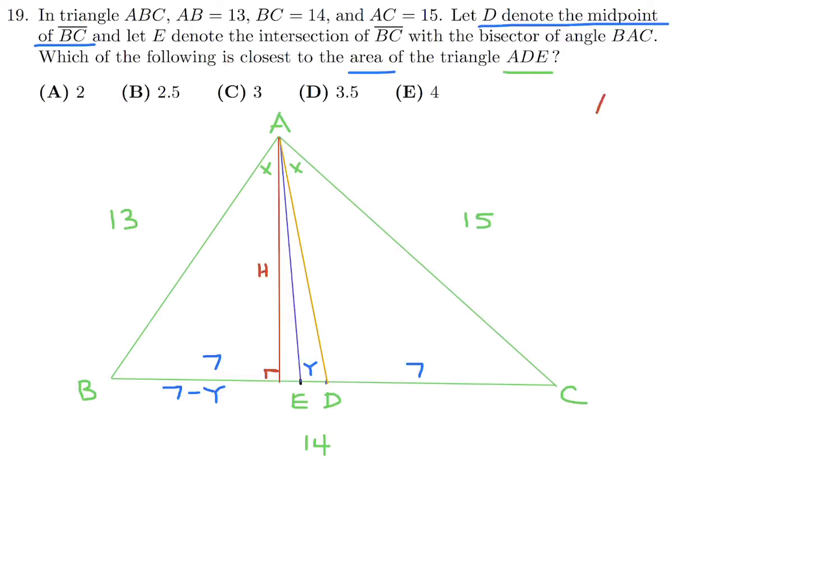So therefore, the area of triangle ADE is 1/2 base. The base of ADE is right there, which is y. And the height is, well, I just drew it and I labeled it h. So h times y over 2.